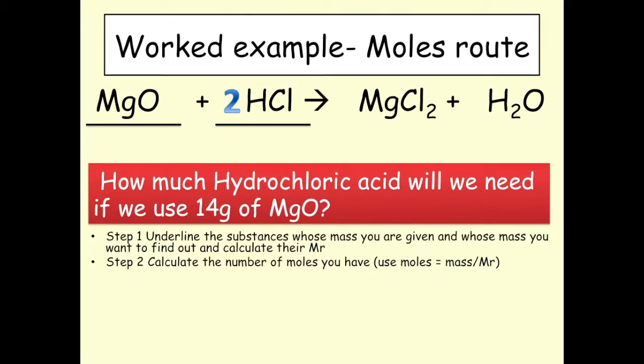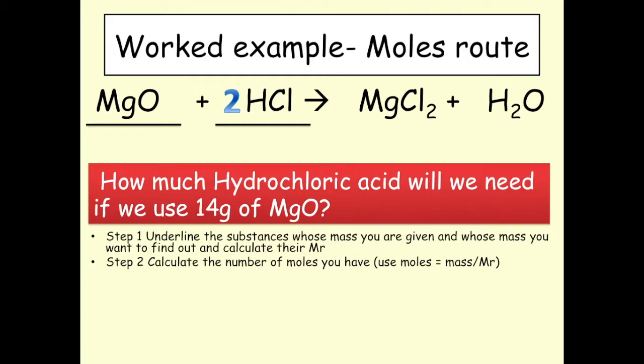Now, step two is to think, how many moles do we have at the moment? And it tells us in the question we've got 14 grams of magnesium oxide, and we know the equation for moles is moles equals mass over MR. So we can calculate the MRs using the periodic table for MgO, and I'm going to assume that you know how to do that.